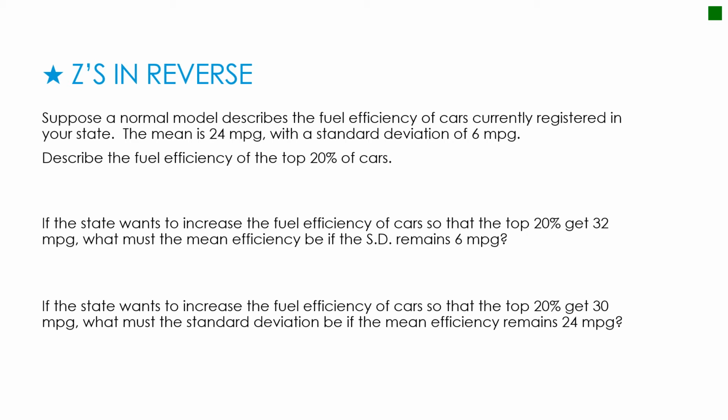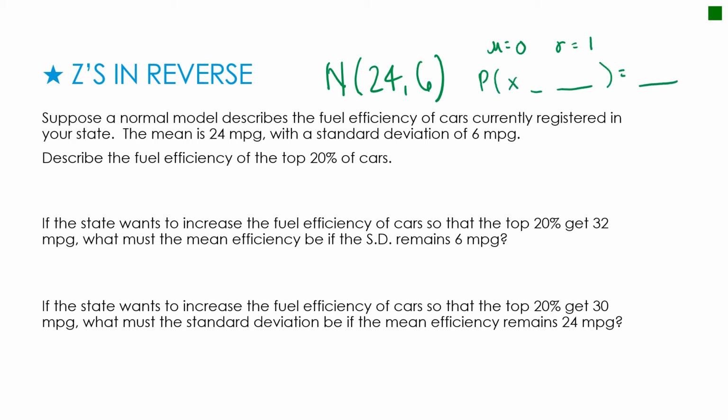So again, we're looking at a normal model with a mean and standard deviation of 24 and 6. I'm looking at the top 20% of cars. And so what I did is went to StatCrunch and I used a mean of 0, I used a standard deviation of 1, where it said probability that x is whatever to whatever equals whatever.